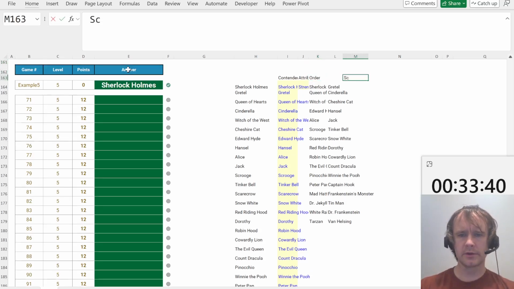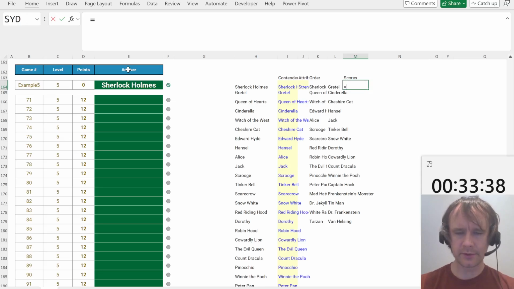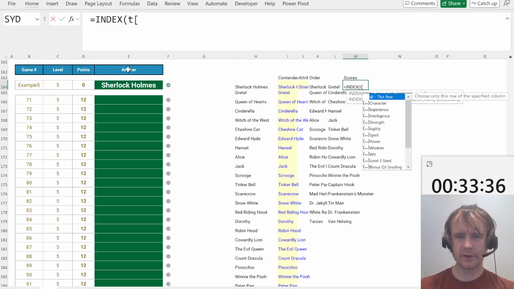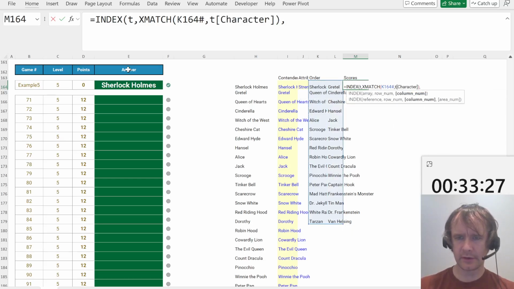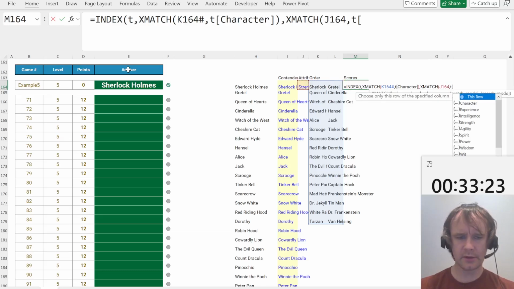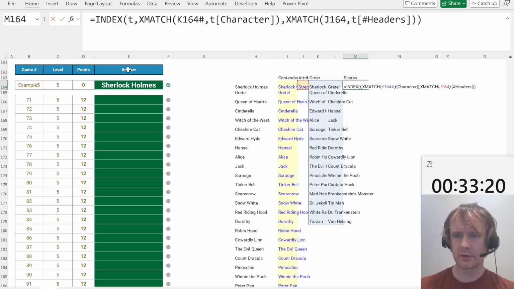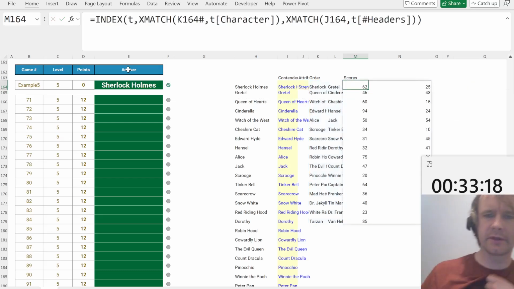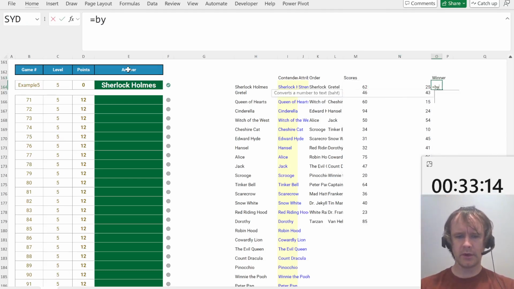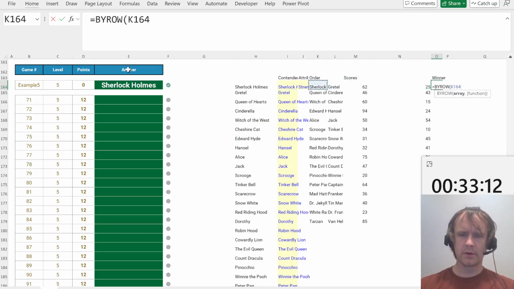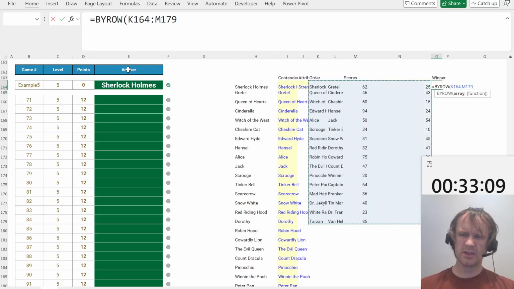Then scores is going to be index T, X match this against T characters, and X match this against T headers. So the scores, and then winner is going to be by row of this.